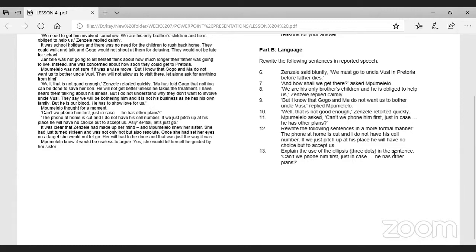But if you don't know, it's still fine. Just attempt and then we will discuss the answers together. Or you can go back to the extract and see how those 3 dots have been used, and try to explain according to your own understanding their use in that sentence.